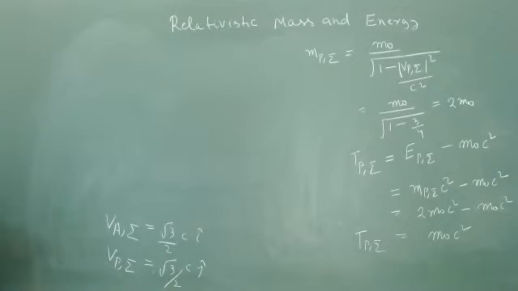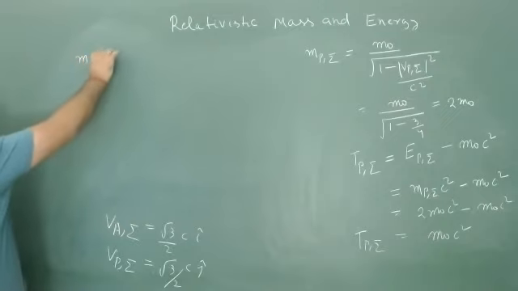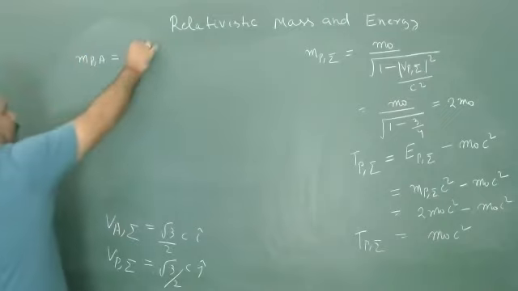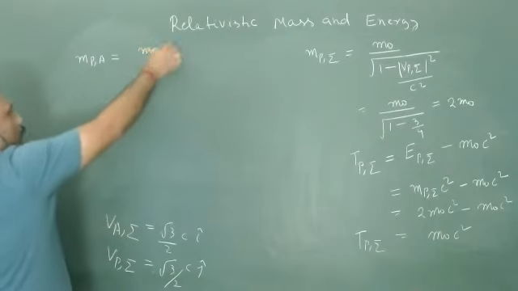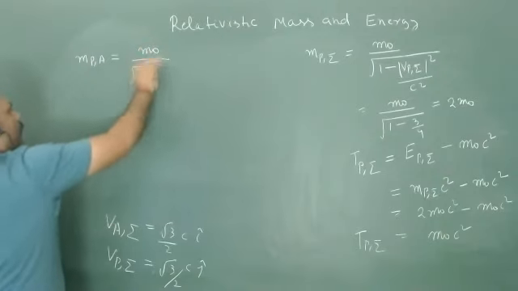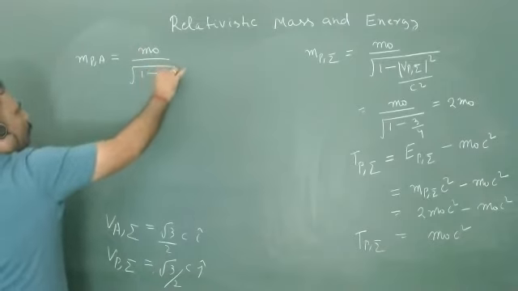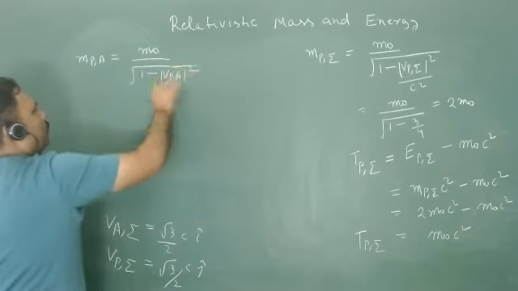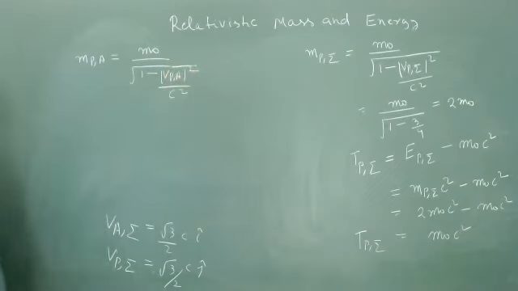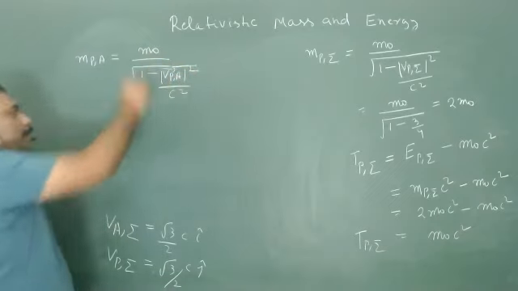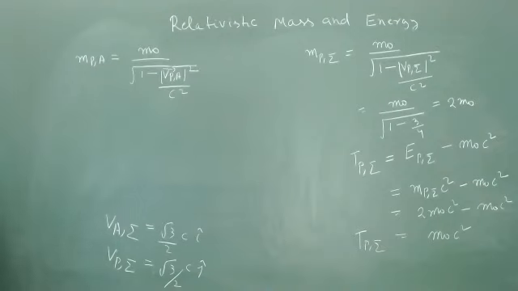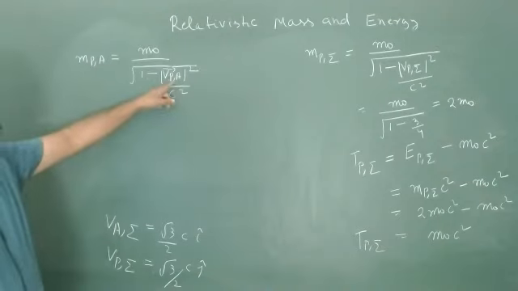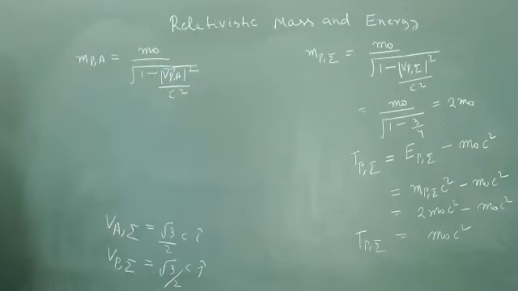What we have to calculate is the mass of the particle with respect to A. That means I have to calculate m naught, which is given, divided by root of 1 minus the speed squared. And I can give the vector direction here also, because it will be significant here: the velocity of the particle with respect to A, mod square, over c square.